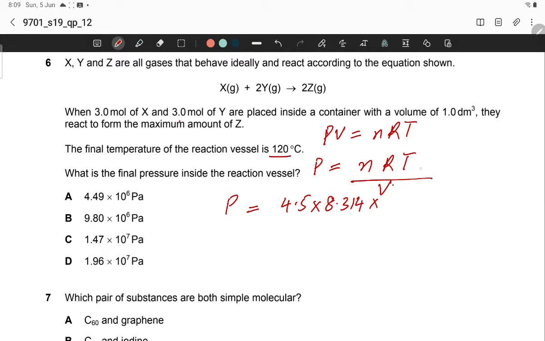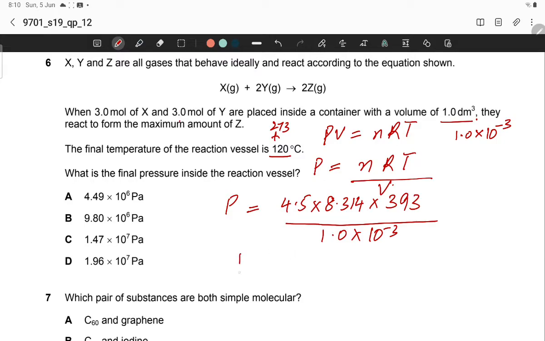Temperature will be taken in Kelvin, which is equal to 393, divided by volume in cubic metres, and over here 1 dm cube is equal to 1 into 10 raised to the power minus 3.